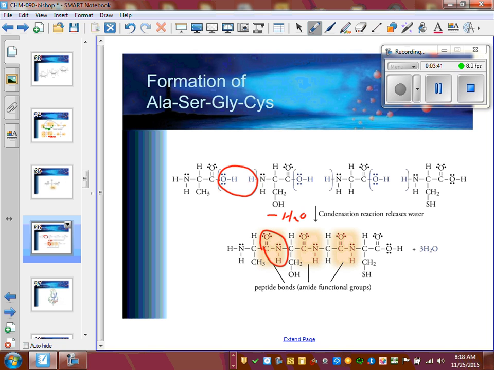Polypeptides become proteins. Proteins are just long chains of amino acids linked together. So here we lost 3 waters, one here, and one here, and we joined together 4 amino acids.